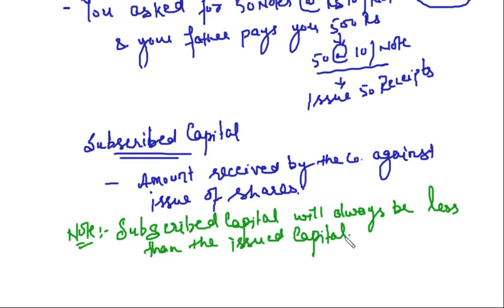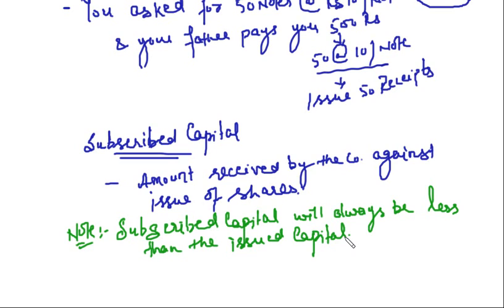Issued capital is the amount that the company wants to raise through the issue of shares. And subscribed capital is the amount that the company is receiving against issue of shares. Clear? So this is the classification of share capital.